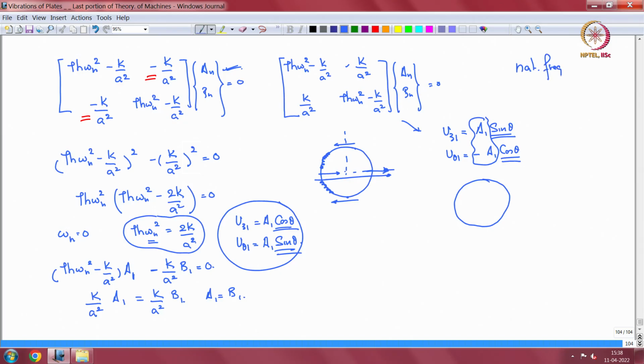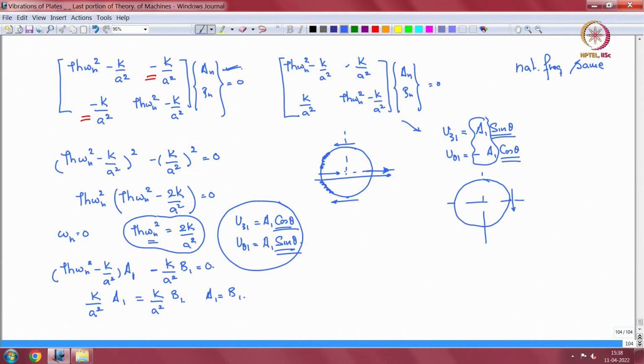Okay. So now if we look at this displacement, at theta equal to 0, I get 0, and u theta 1 is negative, so I get this displacement.